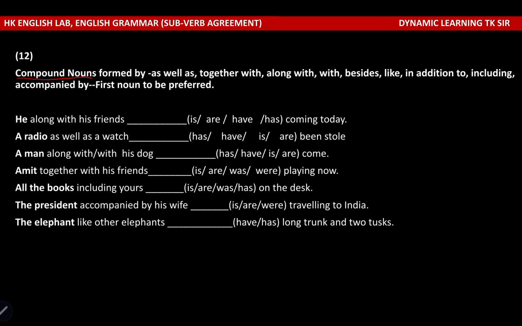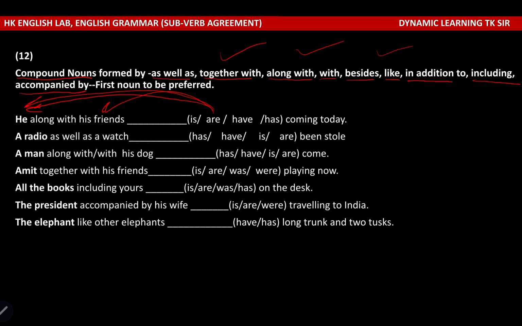So when any compound noun is connected with as well as, together with, along with, besides, in addition to, including, accompanied by, then the verb will be according to the first noun.